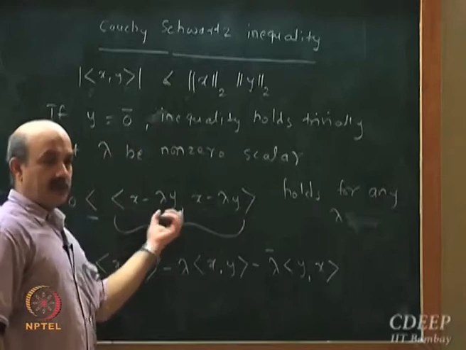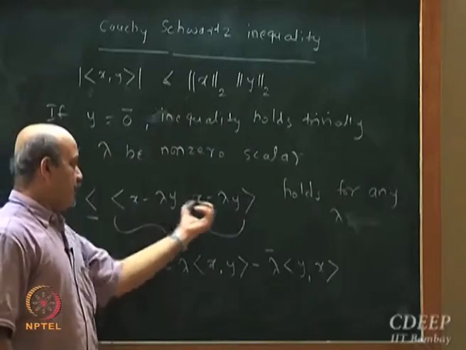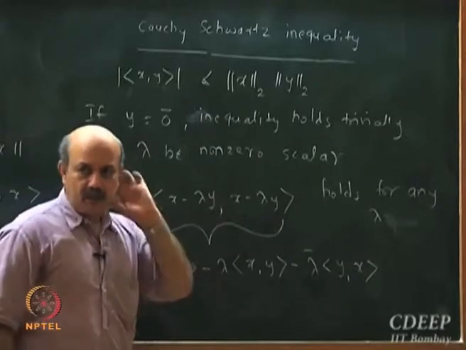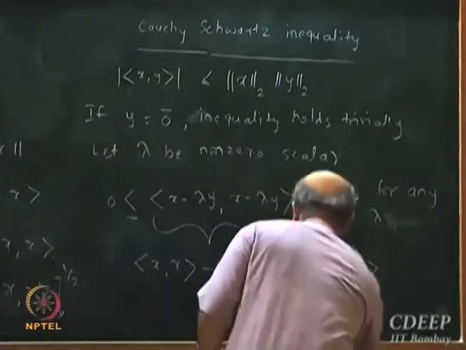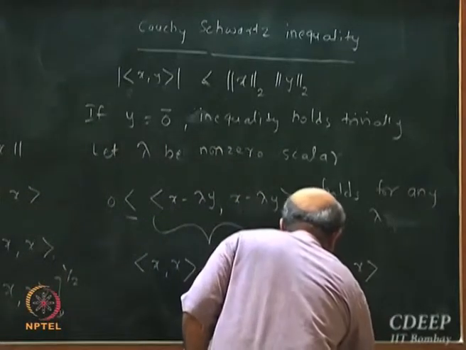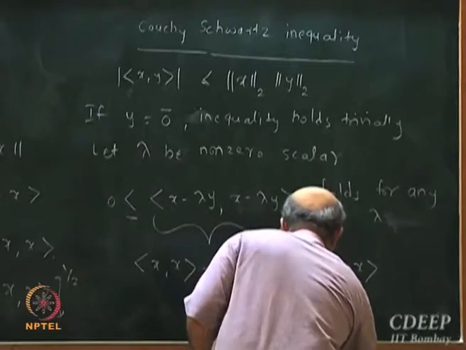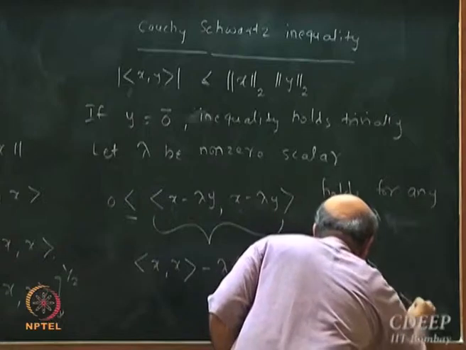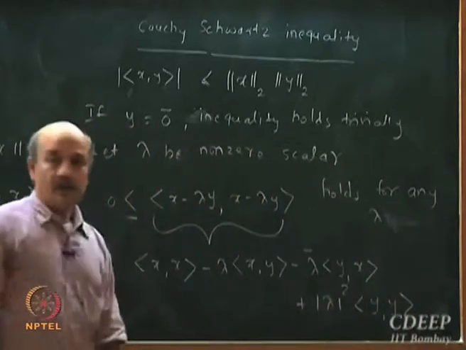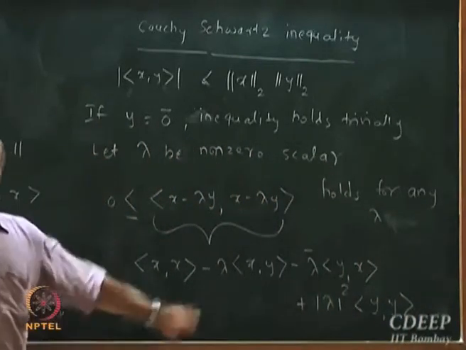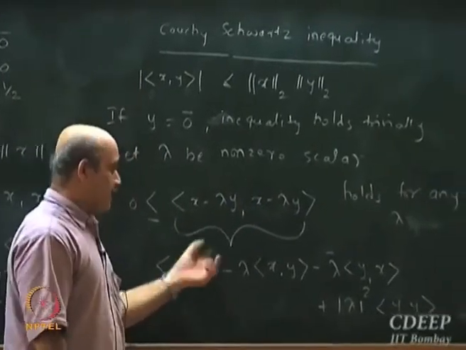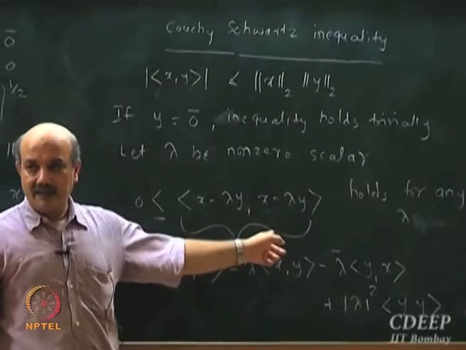Look carefully. Lambda times lambda and x distribution. I am using the distribution property. Okay, plus everyone with me on this? I have just expanded the right hand side.